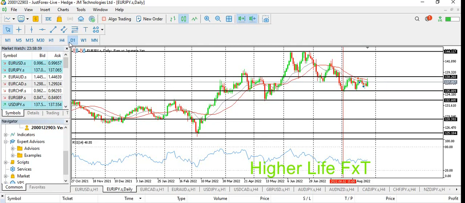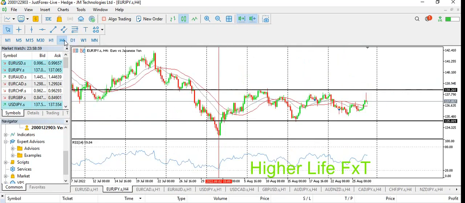So switching to the 4 hours time frame, we can see that we drew these lines on a day 1 chart, and here on our 4 hours time frame we can see that there is still a consolidation, whereby price is now trading between these two lines, which are going to be support and resistance.